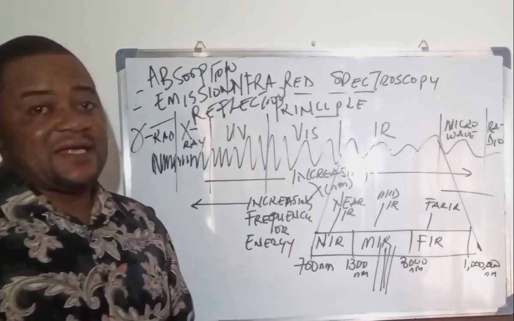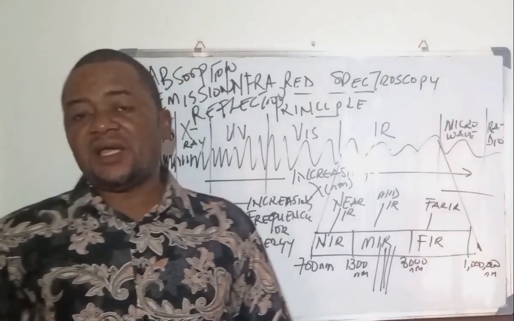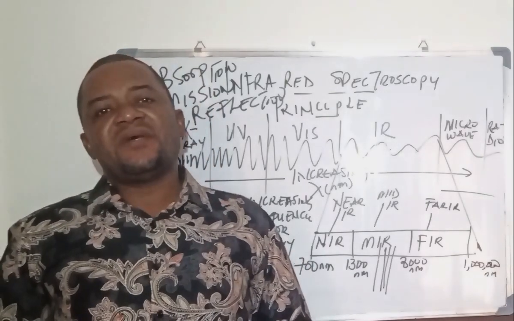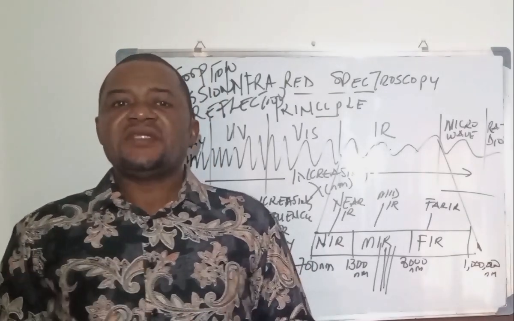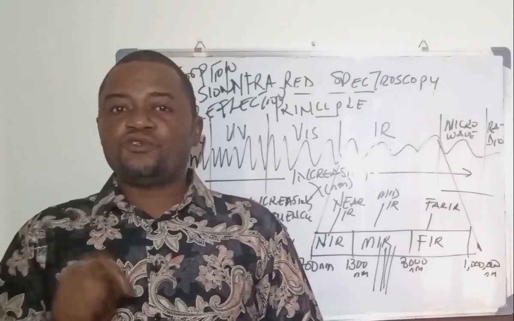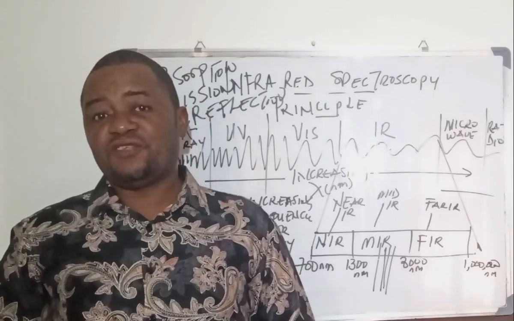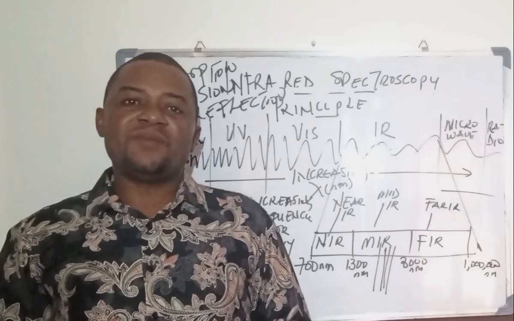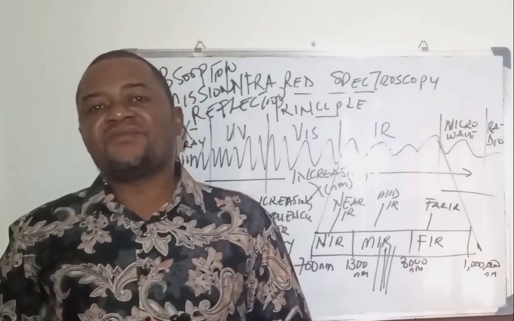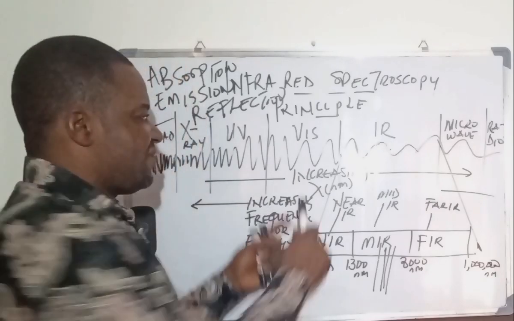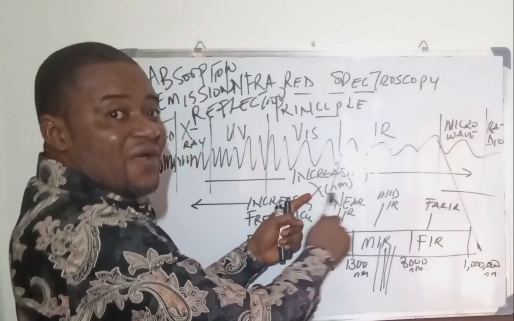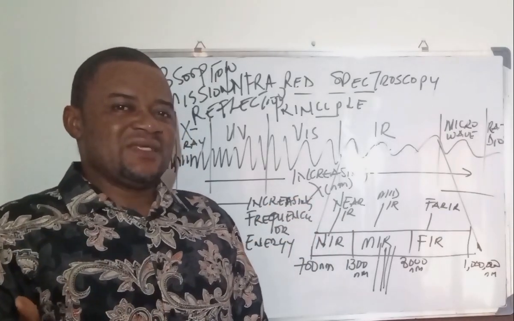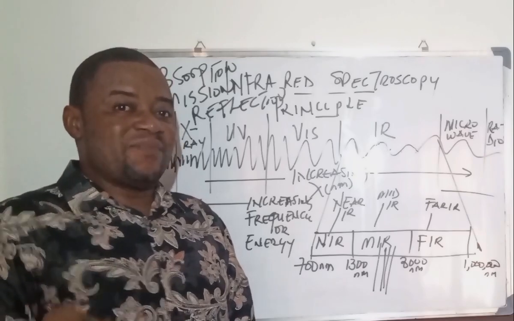Now, like I said, once the IR radiations are pushed through a substance, a sample, they go directly into the molecular structure. There at the molecular structure, what happens is simple. They are going to absorb the radiations with that particular wavelength that is required by IR and by that molecule.